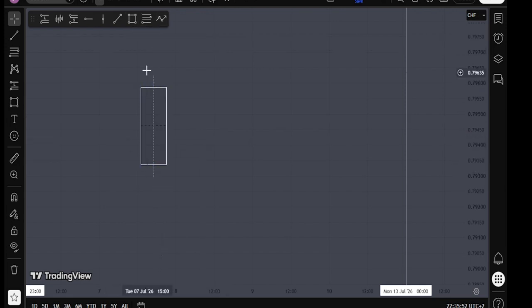Let's say there's a bullish candlestick like this. When it opens price here and pushes up, this is the wick, then pushes down. Remember in our previous lessons, there's consolidation, manipulation, distribution, which is power of 3. The same thing happens but on a higher time frame.